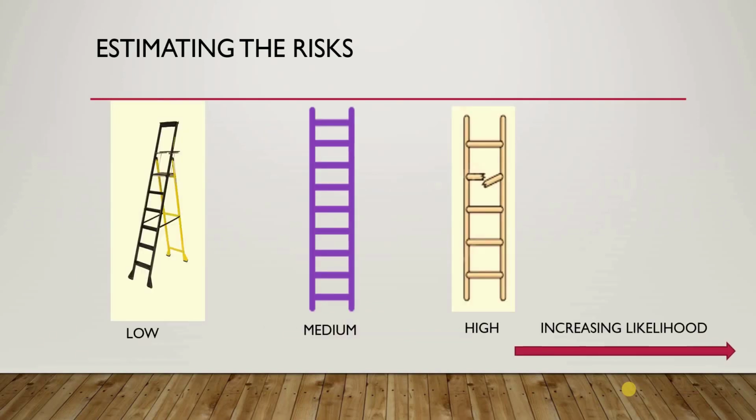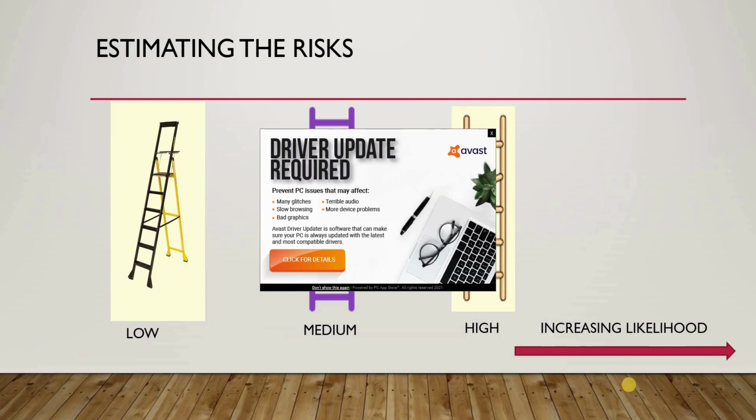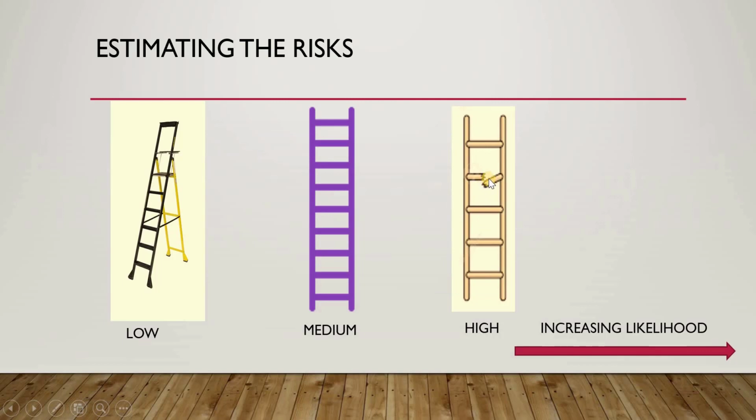Now, how can we calculate the increasing likelihood? For example, there are three kinds of ladders you can see in the picture. The first one is really a safe ladder, the next one is a bit better than the third one, and you can see that the third ladder is broken on the top, in the second top step. So in the first case the likelihood is low compared to the high and the medium.